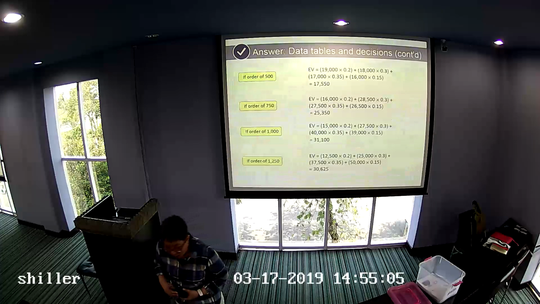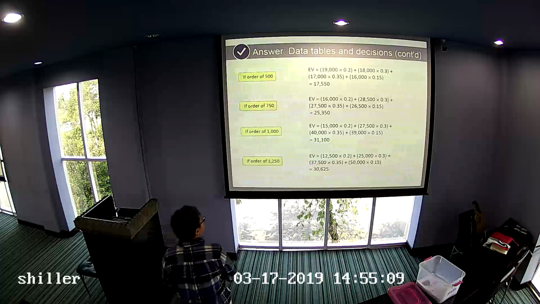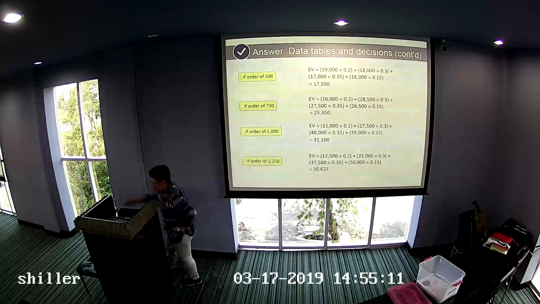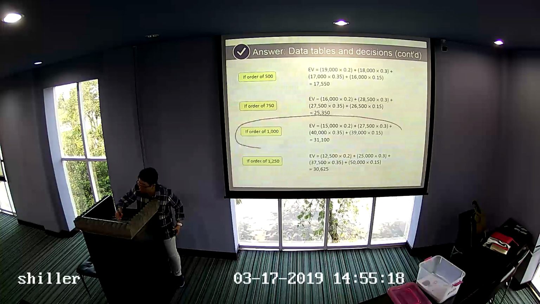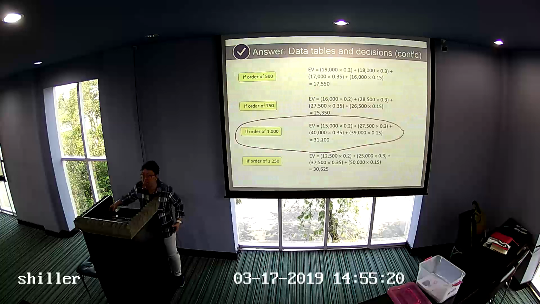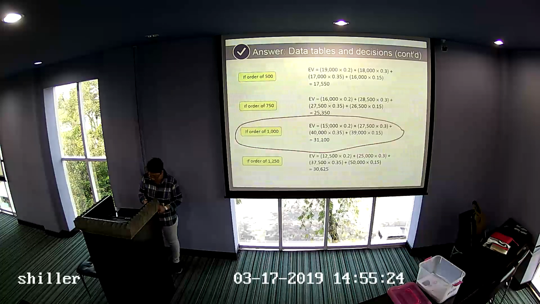Which quantity should they place? 1,000. Yes. Why 1,000? Because it has the highest possible EV, correct? So, this one. If you're using, of course, the EV method, expected value method.